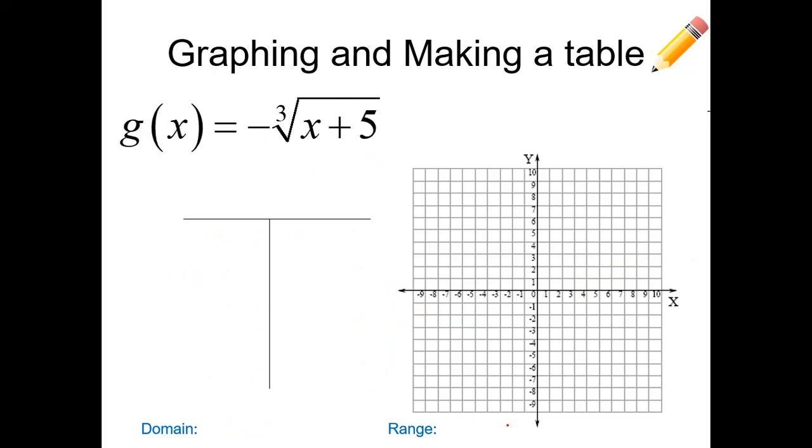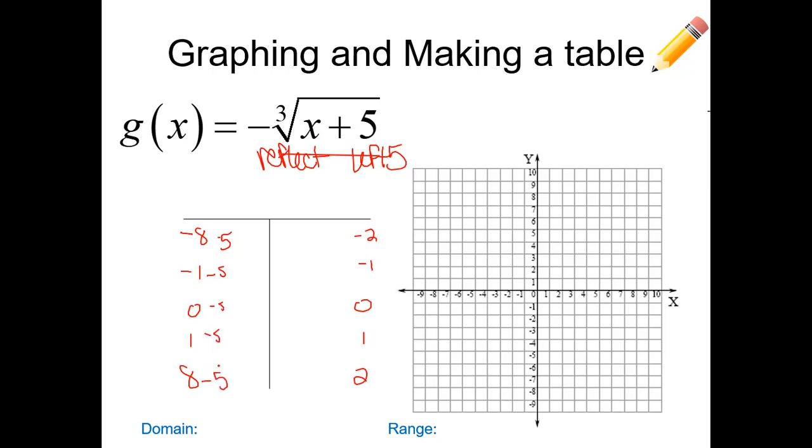Let's try the last one for the night. So first I'm going to make notes. -8, -1, 0, 1, and 8. -2, -1, 0, 1, and 2. So I have a reflect happening, and I'm going left 5. So I'm going to go left 5 on all of these.